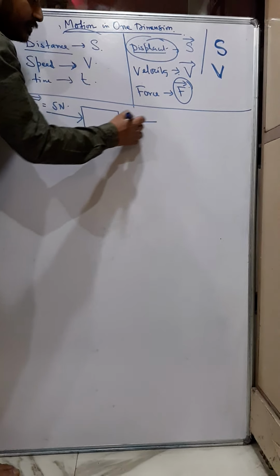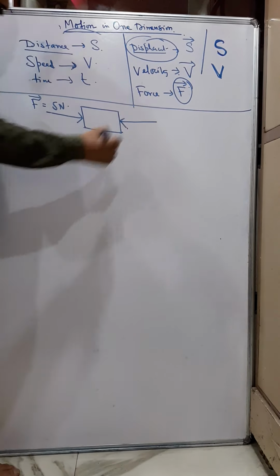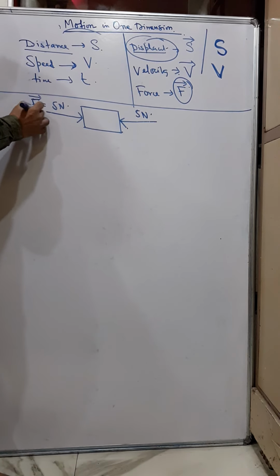Now suppose another person is applying a force in the reverse direction, and suppose the same force. That means both of them are applying the same pull, 5 Newton. Person A is applying a 5 Newton force, and person B is also applying a 5 Newton force. So who is applying greater force? Nobody. Both are the same. So their magnitudes are the same.